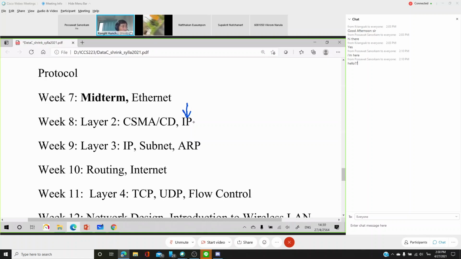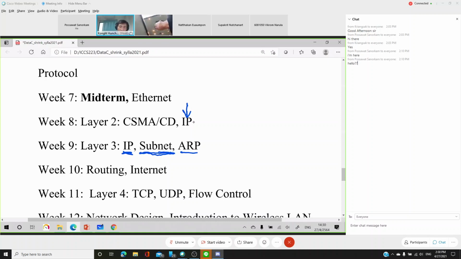TCP/IP. TCP/IP is the internet protocol. I'm going to look at IP addresses, look at how to do subnetworks, how to assign IP addresses to each network, and how we could divide a network into subnetworks. We're going to look at ARP, which stands for Address Resolution Protocol.